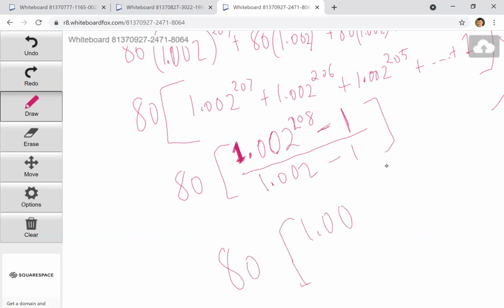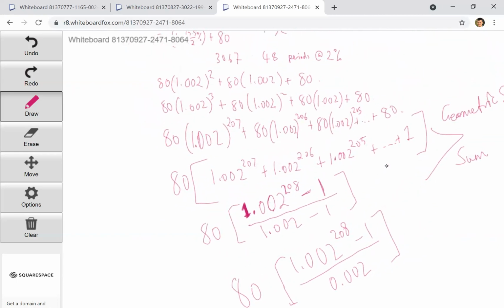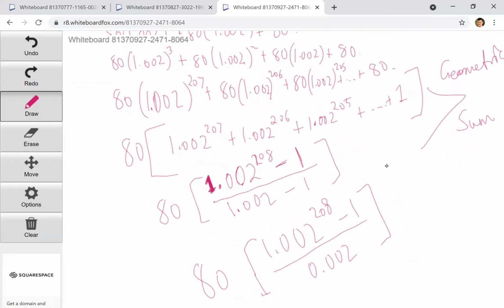The top is sort of complicated enough to let the calculator take care of it, but the denominator is actually pretty easy. So it's just 0.002, right? So then I got 20,610.25. Did you times it by 80? Yeah, I did. I put exactly in the calculator as you wrote there.